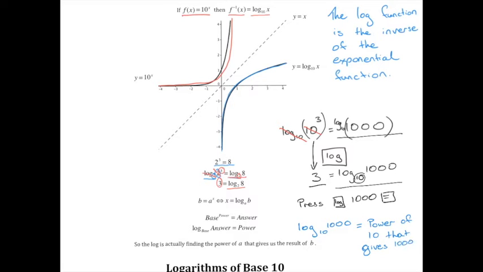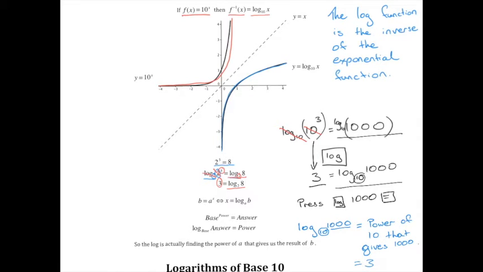So 10 to the power of what is 1,000? Oh, that's 3. So it equals 3. So the log is actually finding the power of its base 10 that gives this as the answer. So that's what it is.